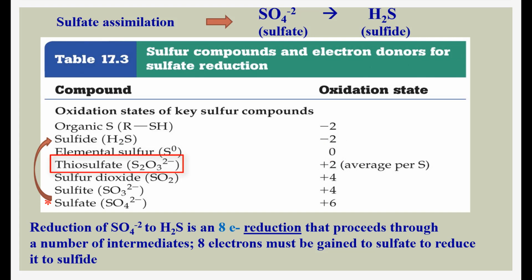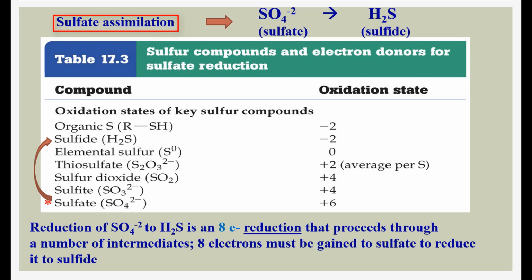Thiosulfate has an oxidation state of +2. Sulfur dioxide is +4. Sulfite is +4. And sulfate is +6. So knowing the oxidation states of compounds, we can determine how many electrons are gained or lost in a reaction.